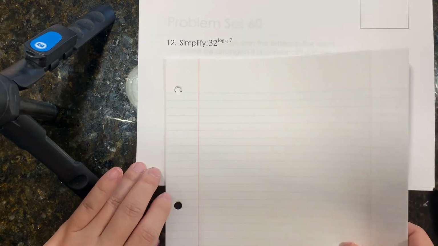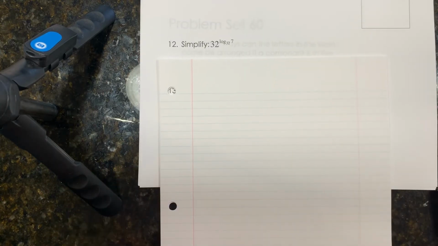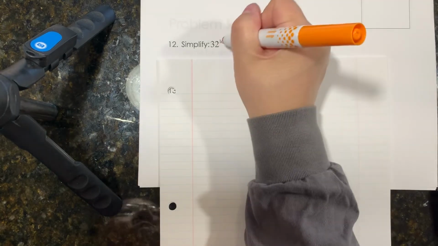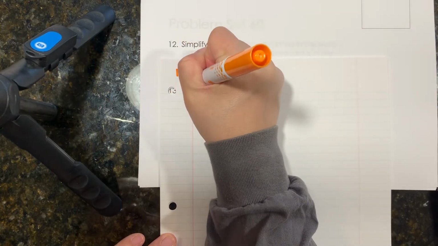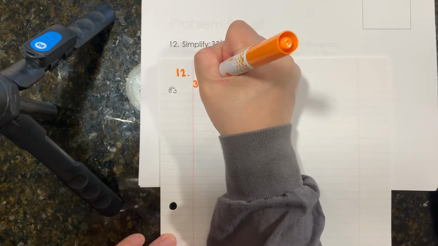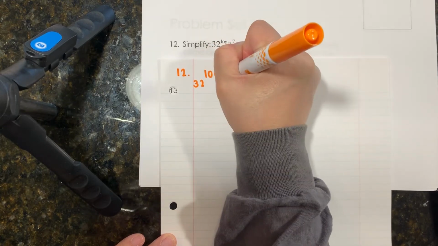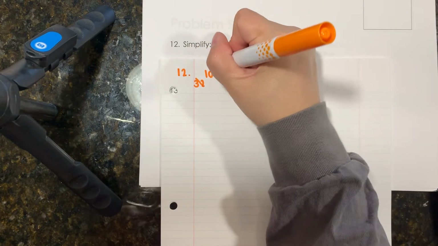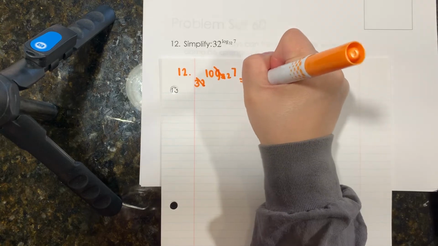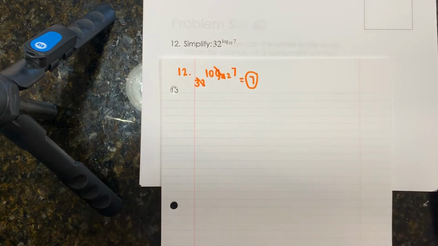So on number 12, again, if my base and my log's base and the exponent are the same, they actually cancel each other out. So 32 to the log 32 of 7. Well, that's what I do on all my other log problems to get rid of my log. So I know that those cancel, and I'm left with just 7.